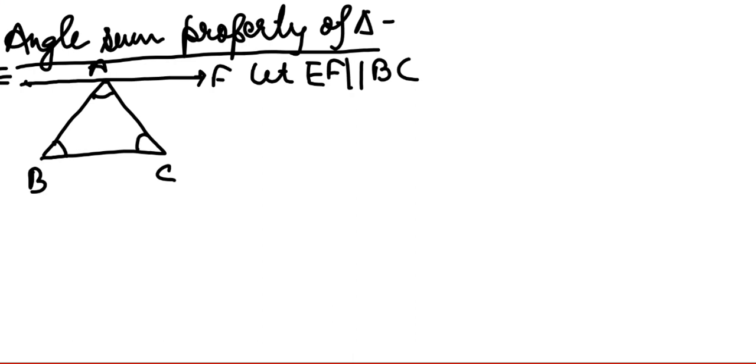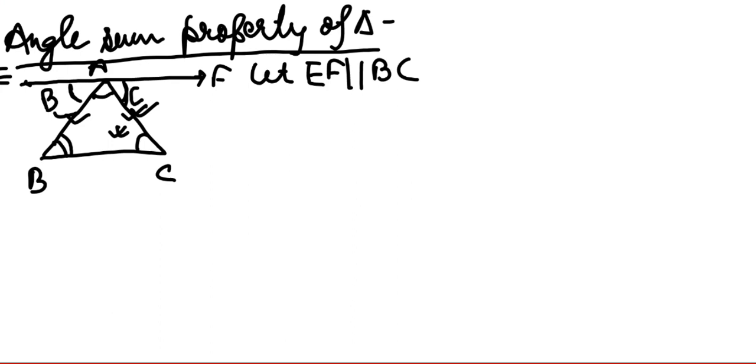If EF is parallel to BC, then AB and AC are transversals to these lines because they are intersecting EF and BC. Now students, here this angle will be equal to this angle, being alternate interior angles. Now this will be equal to angle B as well. Here this angle will be equal to this one, again alternate interior angles.